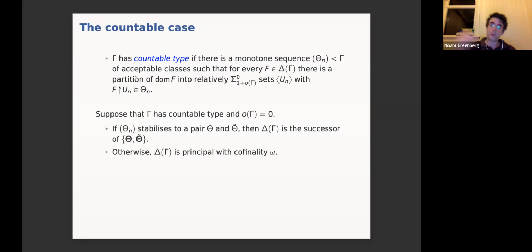And this covers both the cofinality 1 and the cofinality omega cases. Both of them have countable type, and whether it's cofinality 1 or cofinality omega just depends on this pattern of the sequence of thetas. If it's strictly increasing, then that is a cofinal sequence for which delta of gamma is the least upper bound. If it's just eventually theta dual, then that's the predecessors of delta of gamma.